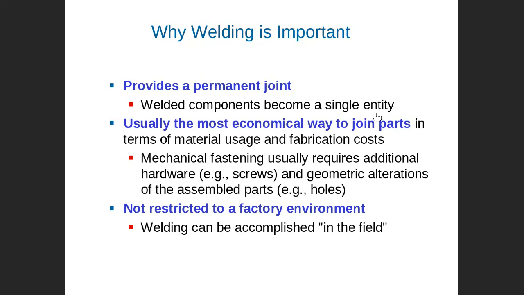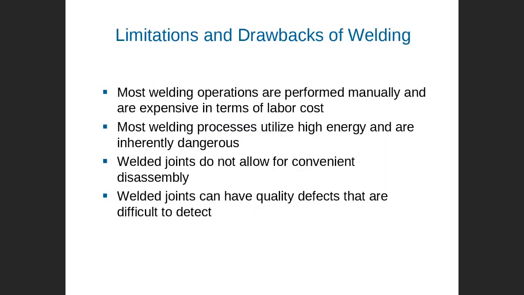And usually this is the most economical way of joining in industry, very cheap compared with other processes. Even mechanical fastening is more expensive, as it usually requires additional hardware and is more costly. The economical way for assembly is welding, and it is not restricted to the factory but also the field. It is a portable system you can take to the field and do the welding there. This is why it is important.